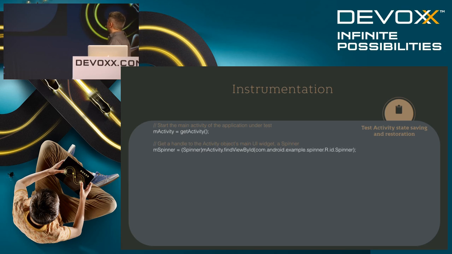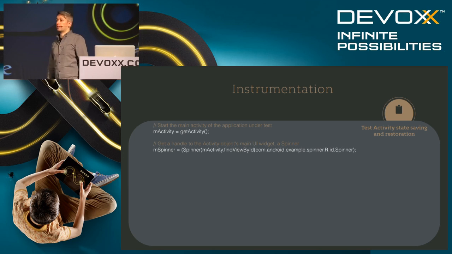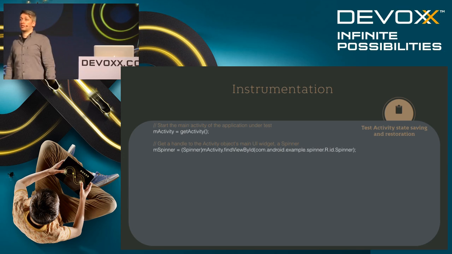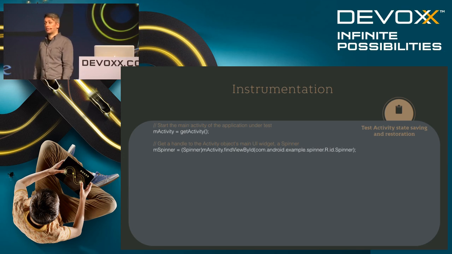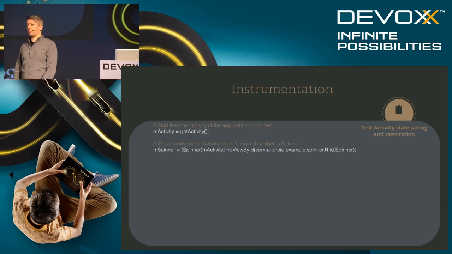Now, basically, the test that we're writing here is, everybody knows if you have an Android application, when you change the orientation of your device, the activity will be destroyed and then recreated. So let's write a simple test to check that, maybe I had a spinner, a combo box on the screen. The user selected a certain position.